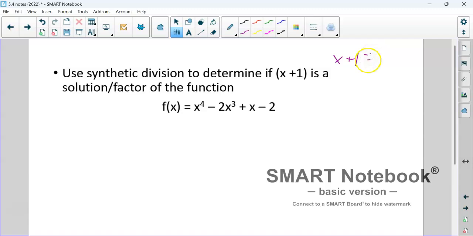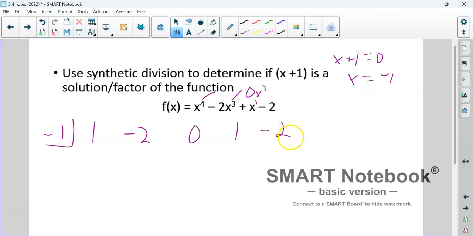Again, x plus 1 equals 0. X equals negative 1. That's my number in the box. Hint, hint. You think we're going to end up with 0? Likely. So we have a 4. We have a 3. We don't have a 2. We have a 1. So 1x to the 4th minus 2x cubed, 0x squared, 1x, negative 2.